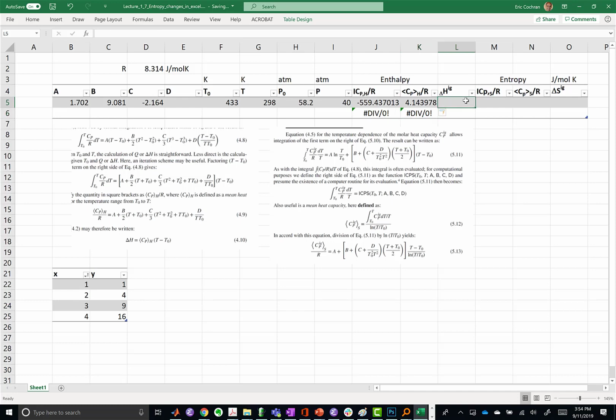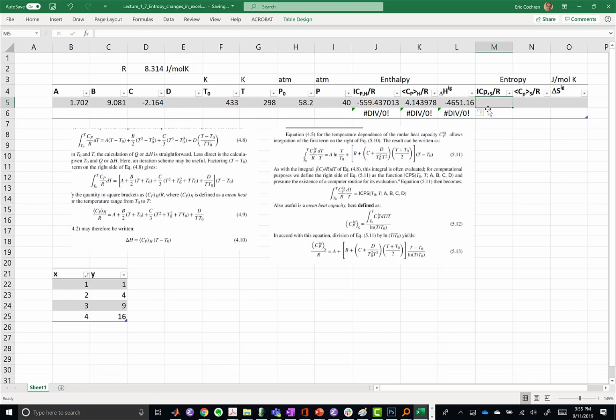And so then the delta H is going to be the ideal gas constant times the average heat capacity times the temperature difference. And if I didn't want to use the average heat capacity, I could just use the heat capacity integral and not multiply by the temperature difference. So there it is. There's the result for enthalpy.